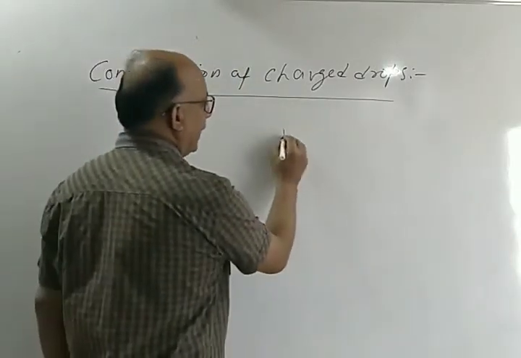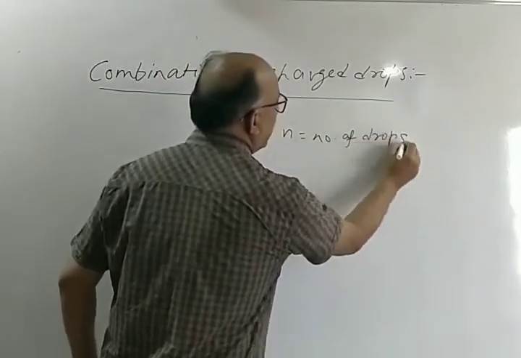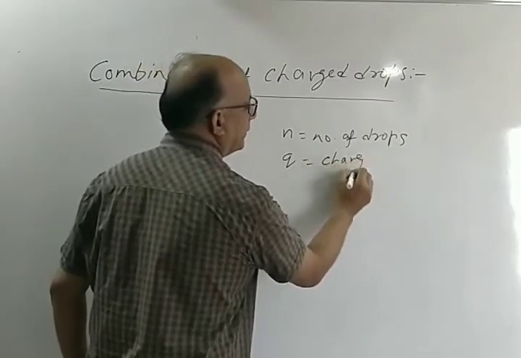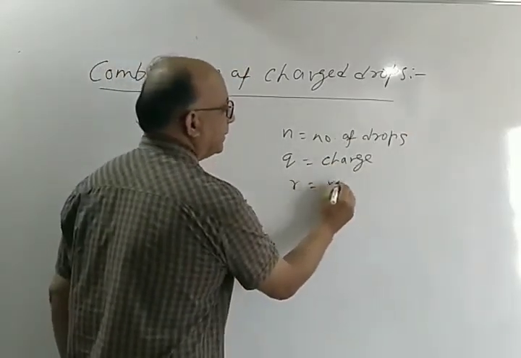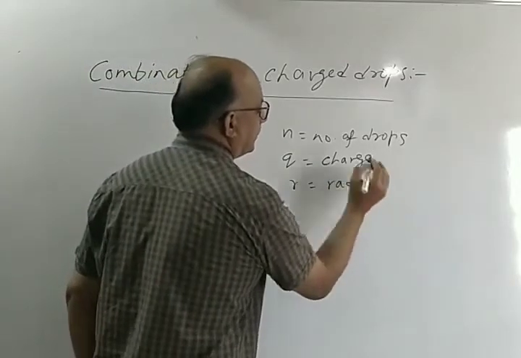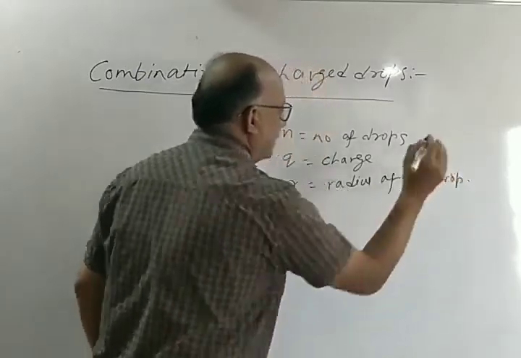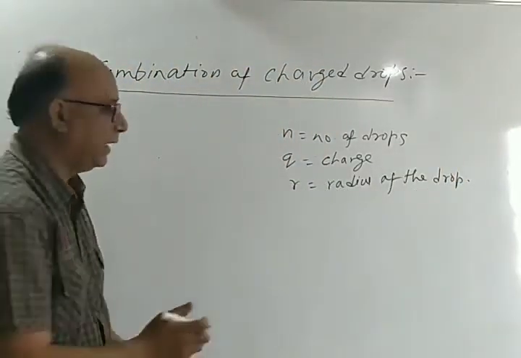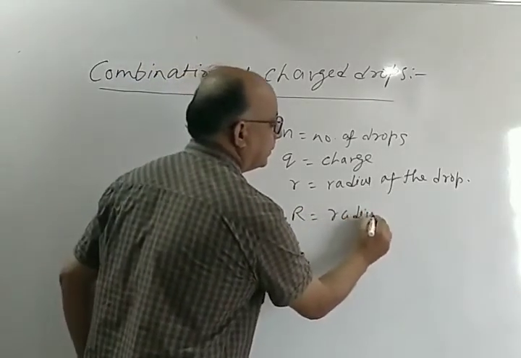Suppose n is the number of drops, and each drop has a charge q, that is the charge on each small drop, and r is the radius of the drop. Now when these drops combine, they form a bigger drop, and this is the radius of the bigger drop.